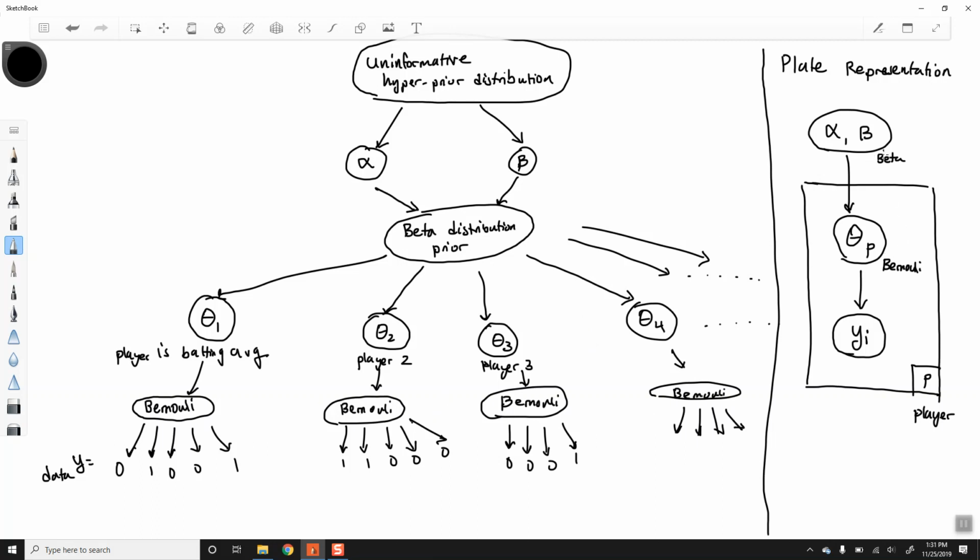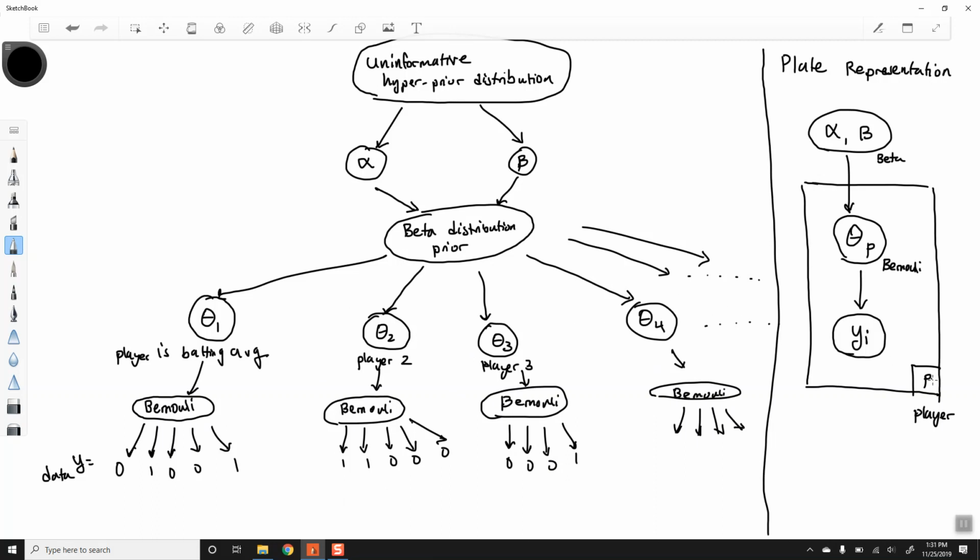So alpha and beta go into a beta distribution. From the beta distribution, this plate represents each player. You can imagine a box drawn around this theta and this set of y's, and each of these is a different player.